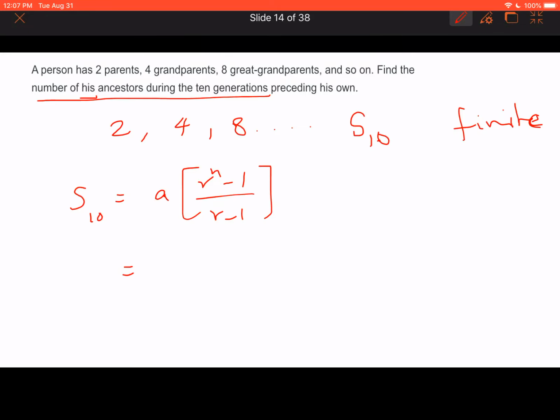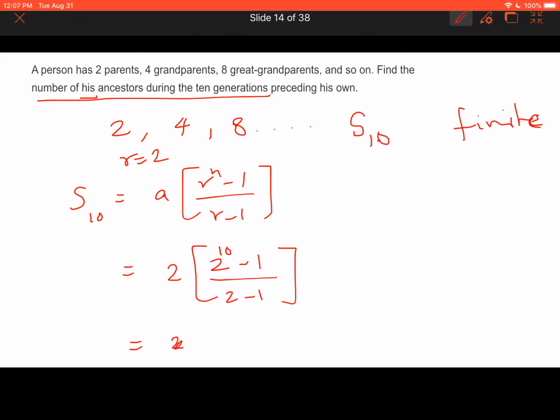Okay, where a is 2, r is also 2, right? 4 by 2 is 2, 8 by 4 is 2. Okay, so 2, and n is 10, by 2 minus 1, right? Which is going to be 2 times.